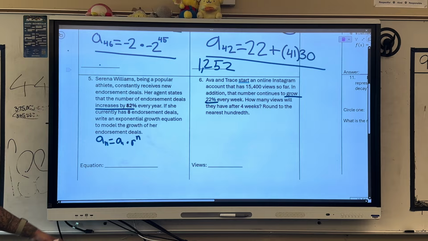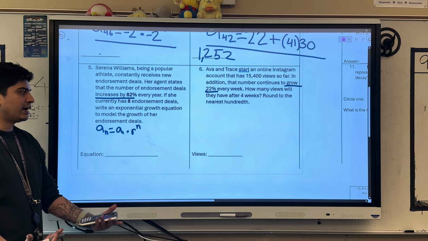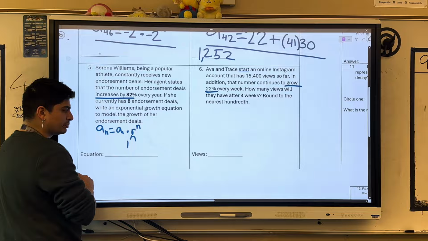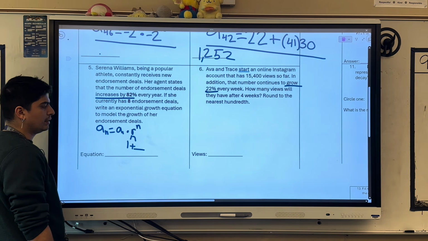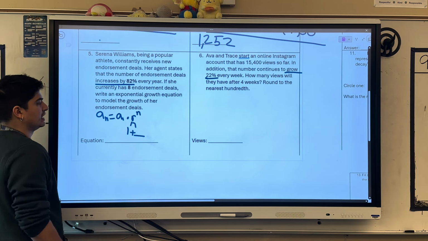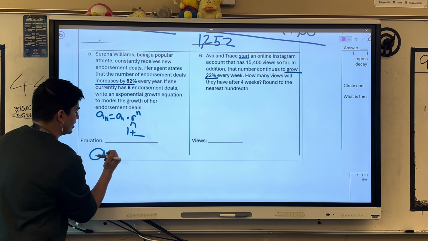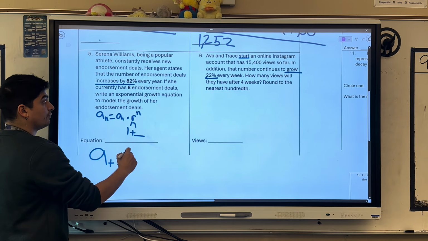In this case, because we're talking about growing, our rate is something that looks like this. It is 100% plus our growth. So our formula for this one is going to be a to the nth, or I think it's actually t, my bad, is equal to our very first.